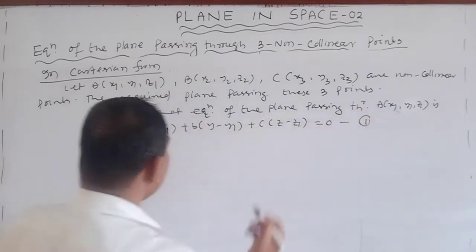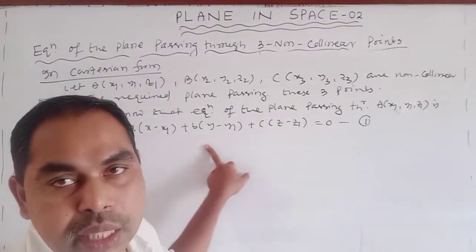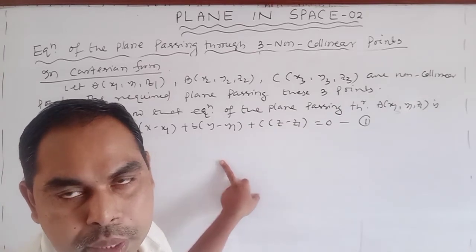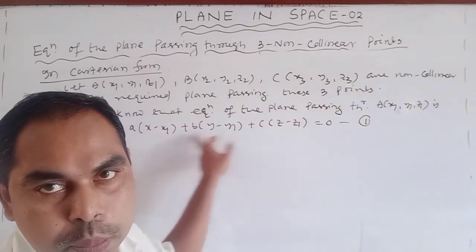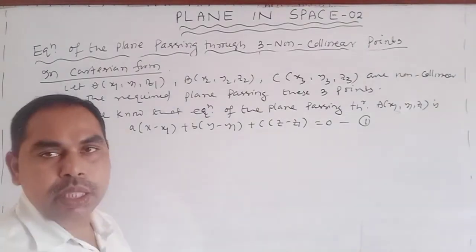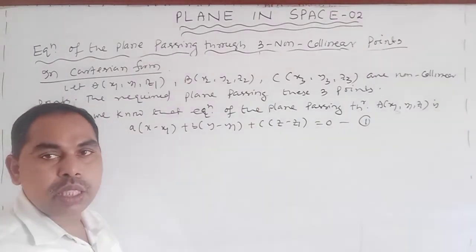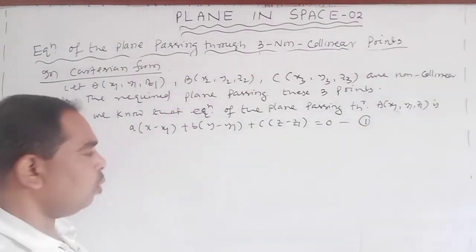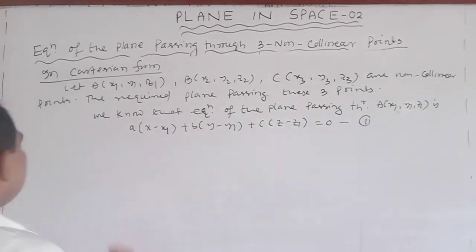Equation 1. This is the equation of plane passing through a single point. Okay.